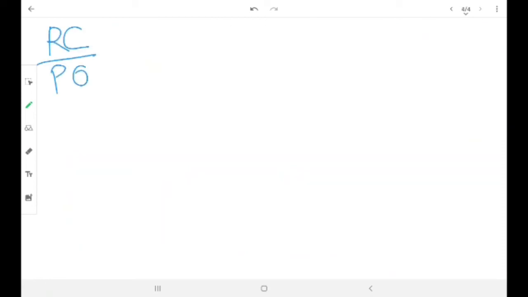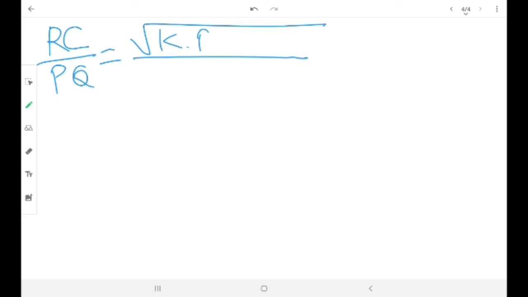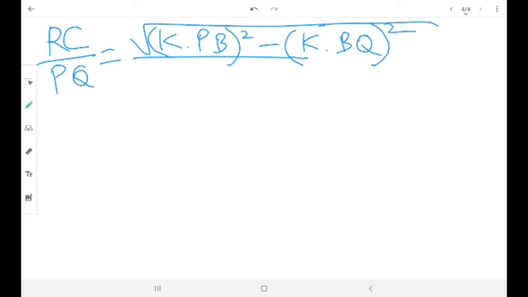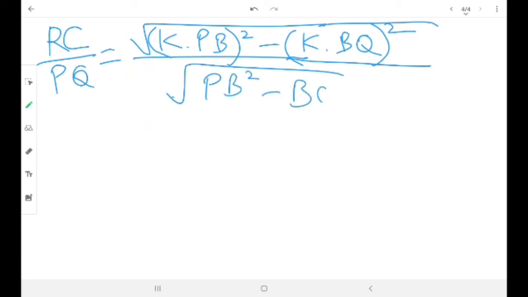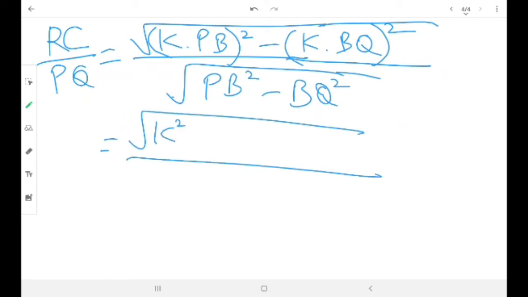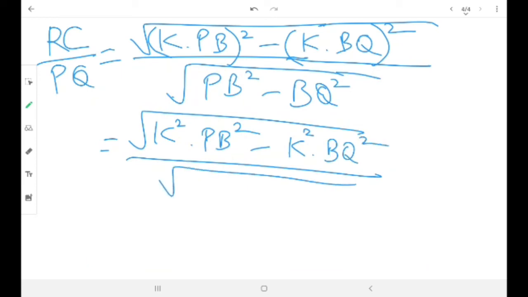RC by PQ is equal to root of K into PB the whole square minus, instead of AC we substitute K into BQ the whole square, divided by root of PB square minus BQ square, which is equal to root of K square into PB square minus K square into BQ square divided by PB square minus BQ square.